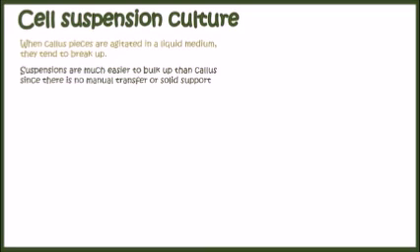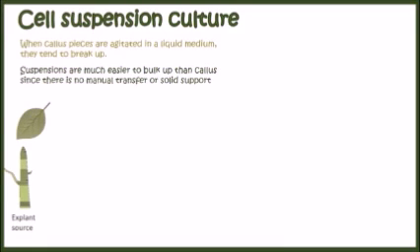But in a stationary condition, in a solid medium, this nutrient might not reach the inner part of the callus, and that might lead to the death of the callus in an immature state. And this happens a lot while culturing callus.